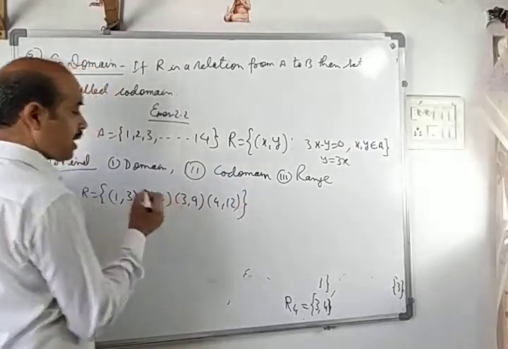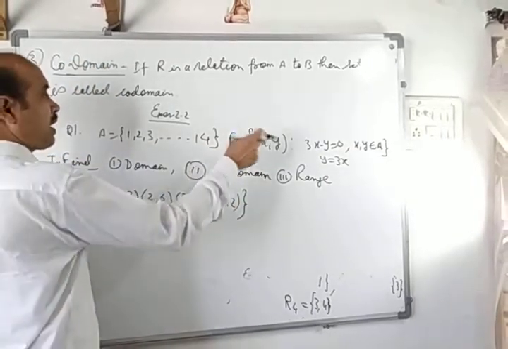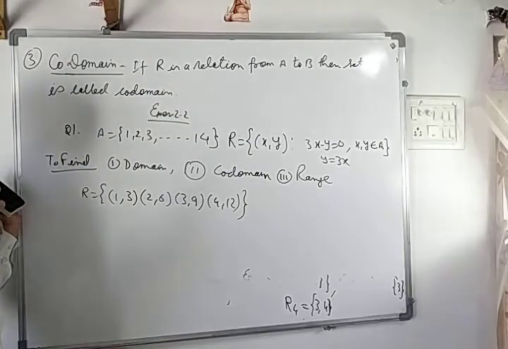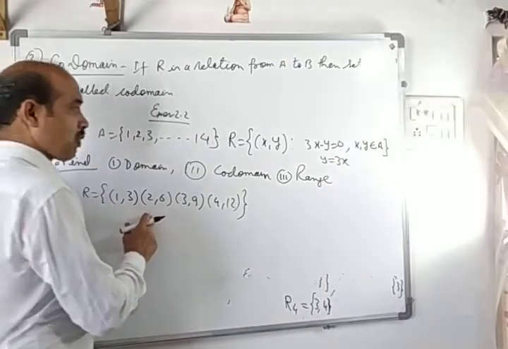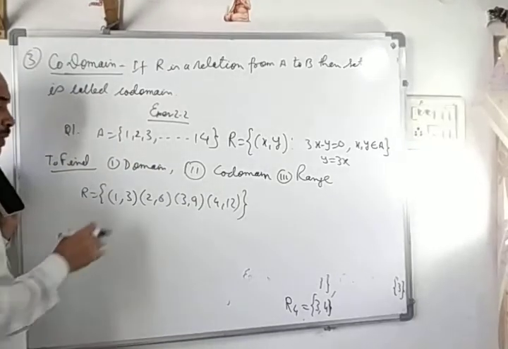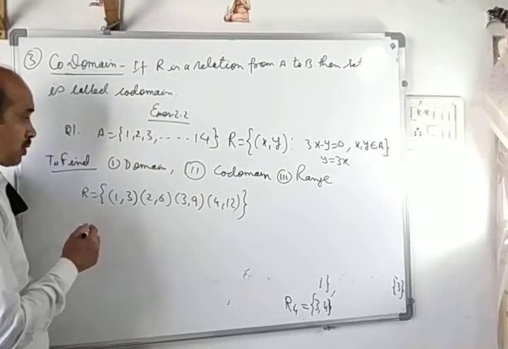So only these are the ordered pairs which satisfy the condition of the relation. Make it clear, all pairs which satisfy the condition given for a relation will be in the relation. So R will be this.